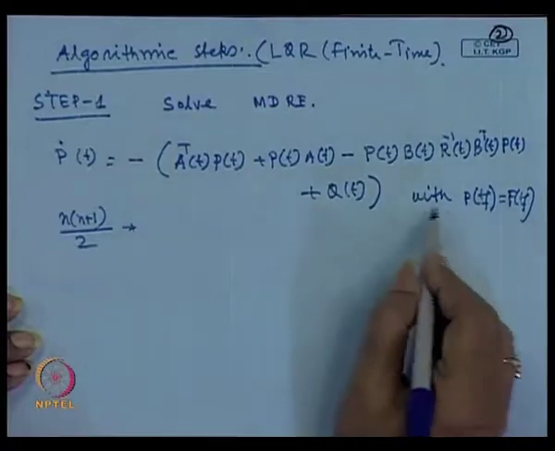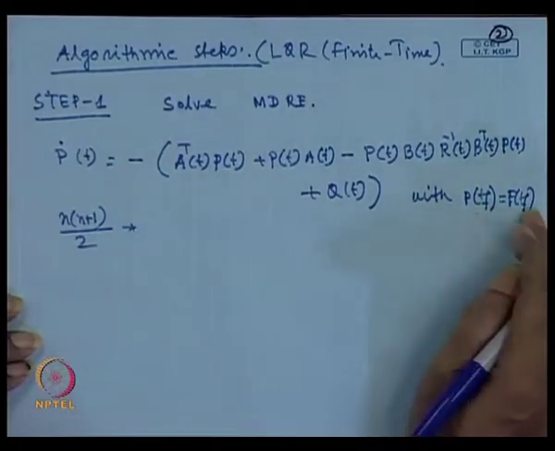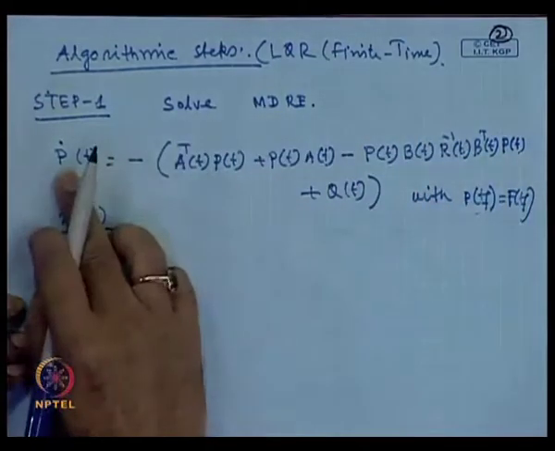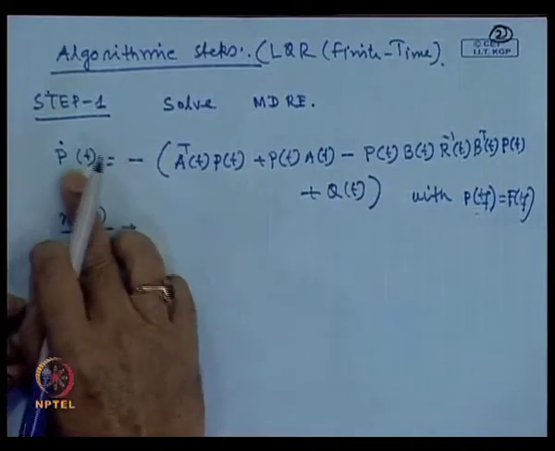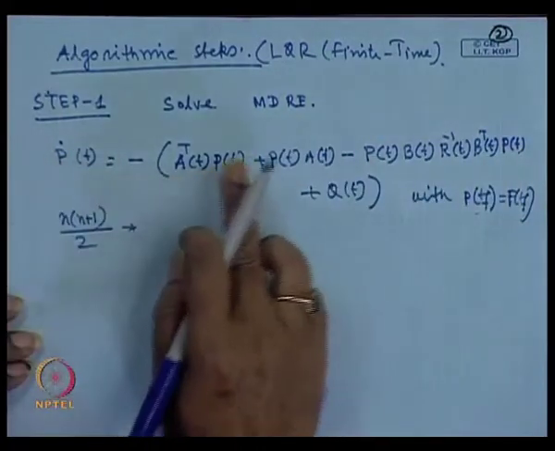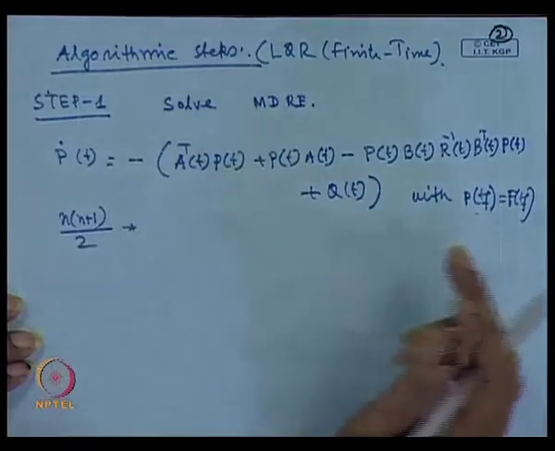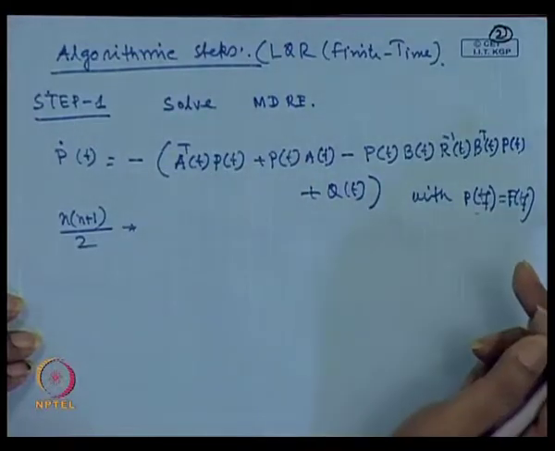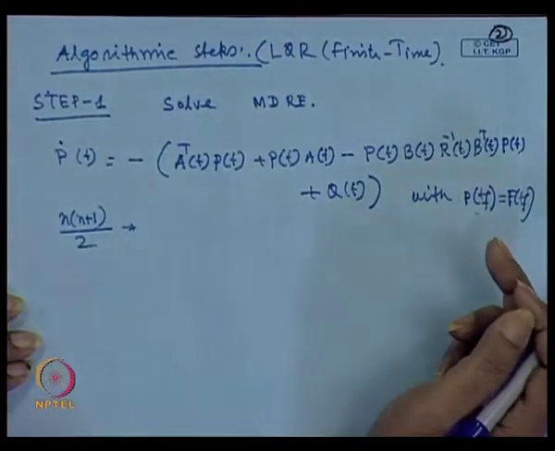So, with the knowledge of this boundary condition, we have to solve the P dot expression to find P of t, and for that we have to do backward integration in time.